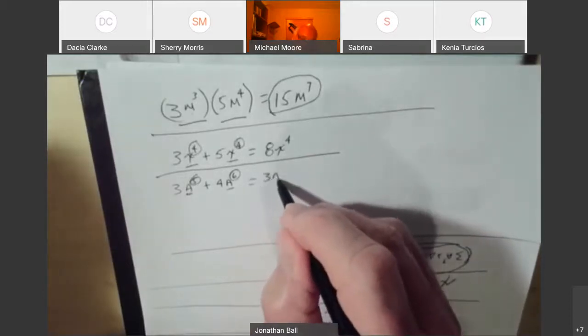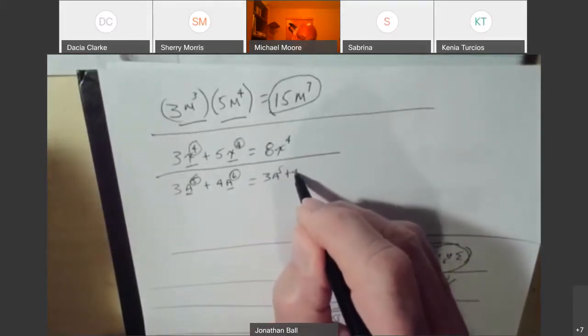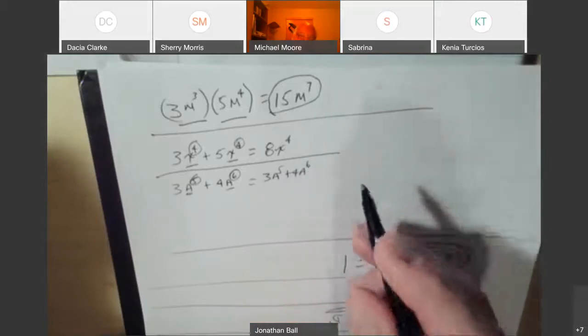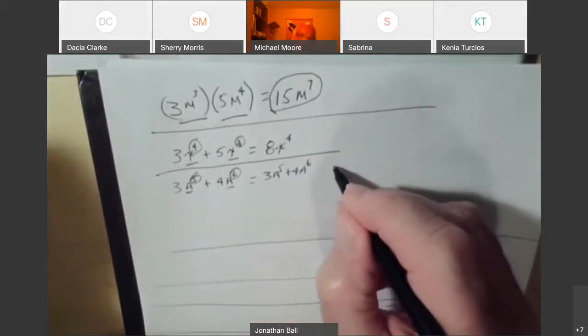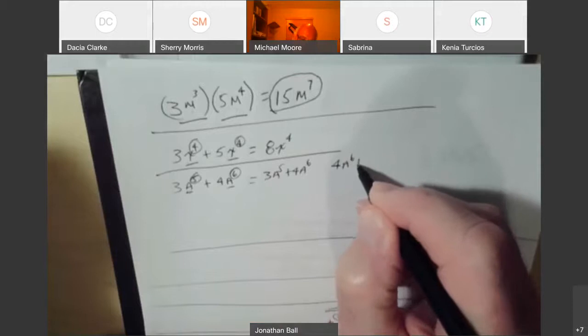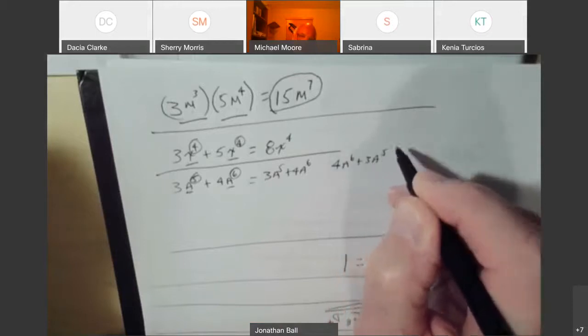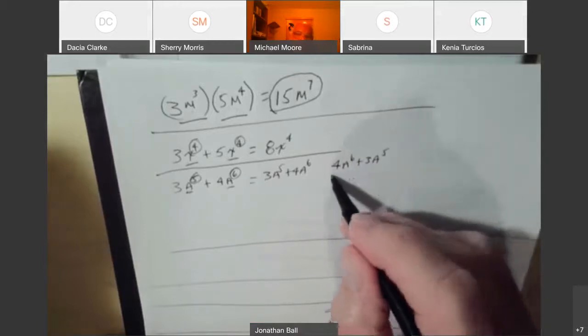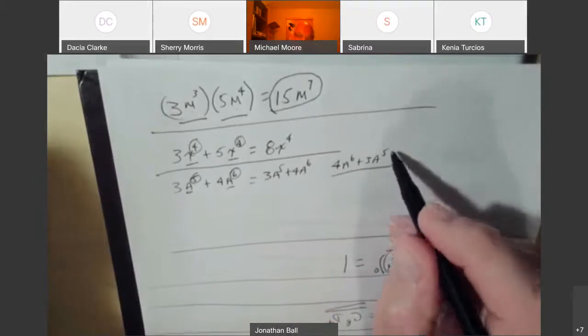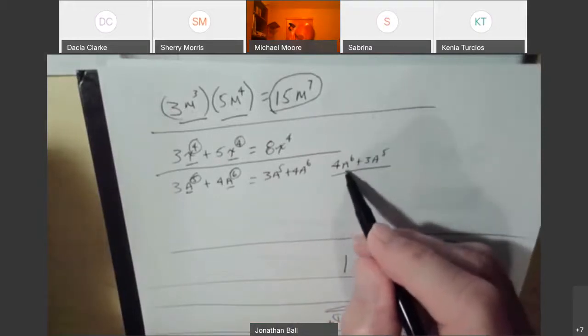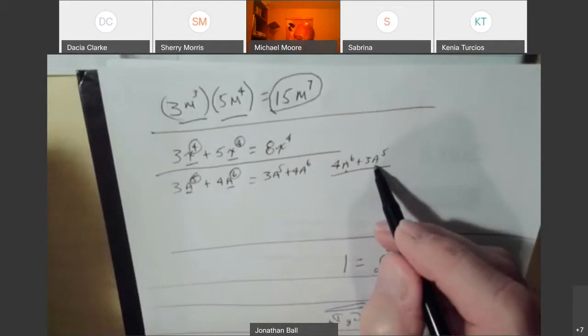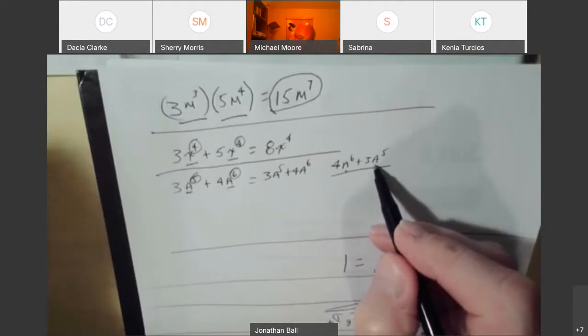It equals 3a to the fifth plus 4a to the sixth. Actually, that should be 4a to the sixth plus 3a to the fifth. Largest exponent first. They have to have the same base number and the same exponent, and this is if you're adding or subtracting.